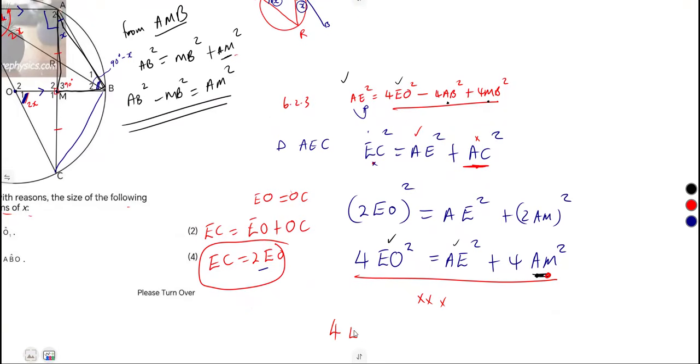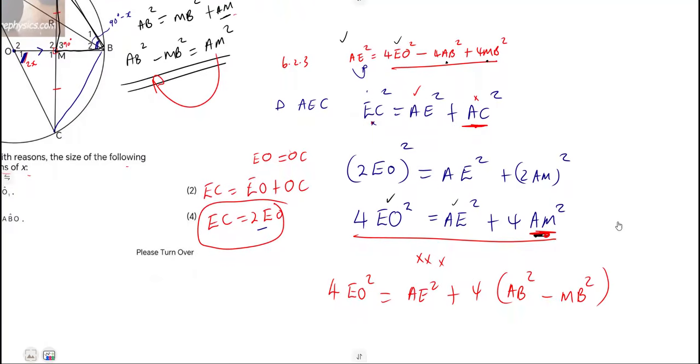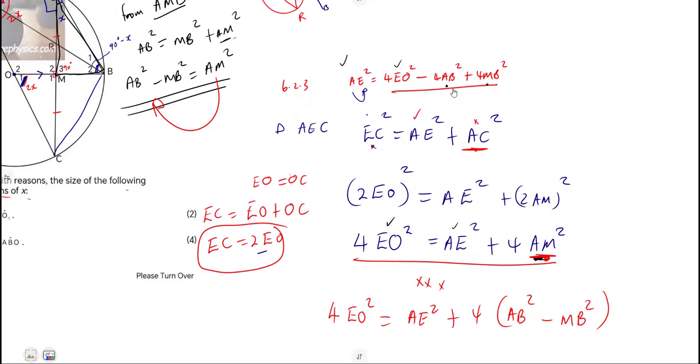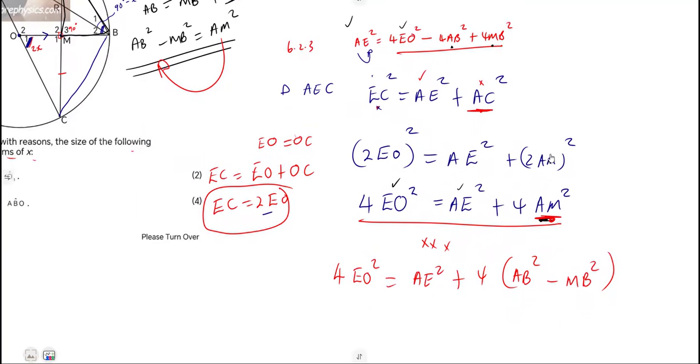So it's going to be 4EO squared is equal to AE squared, we have it, plus 4 into what? AM squared. AM squared is written in terms of what? AB and MB squared. So do we have AB? AB is part of our formula. And also MB is part of our formula.